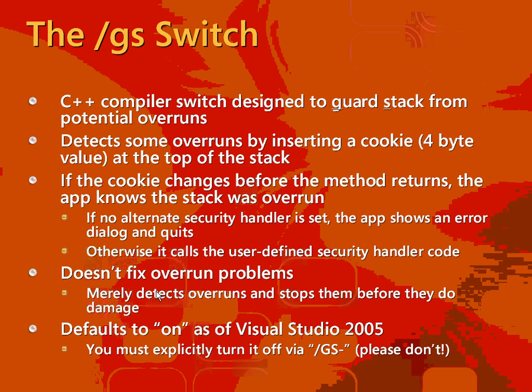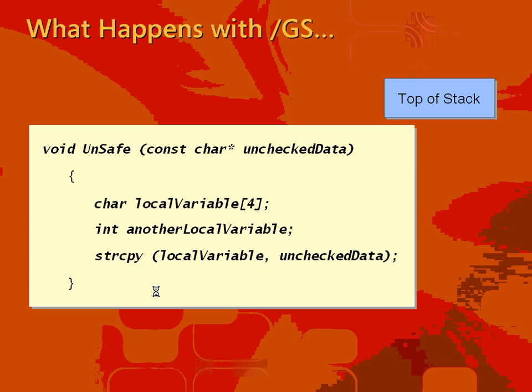The good news is that this is on by default in Visual Studio 2005, and if you want to turn it off, that's possible, although I don't recommend doing that except for demonstrations like this one. In earlier versions of the C++ compiler, you just had to add the /gs switch. This is designed for native applications and I don't believe it's compatible even with managed code development.